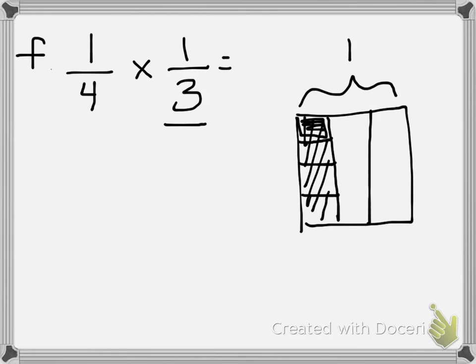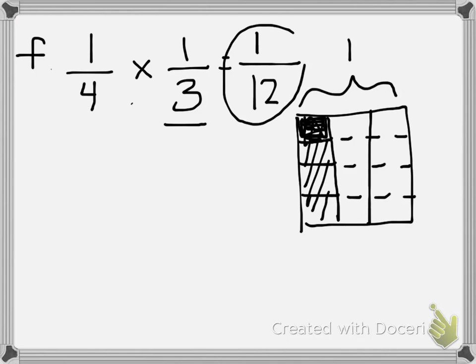So here's 1/4 of that third. So I have 12 total parts, and 1 is my representation, or my double shaded part. 1 times 1 is 1, 4 times 3 is 12, so 1/4 times 1/3 equals 1/12.